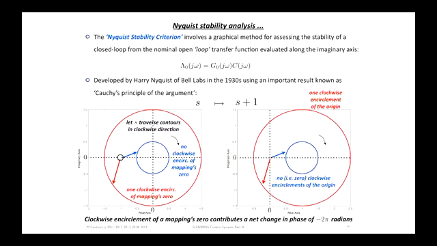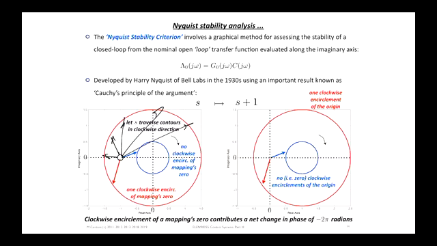Cauchy's principle of the argument tells you that we're going to get a net change of phase of minus 2 pi radians because there is a 0 of the rational function inside the original contour. If you think about what we're doing when we evaluate this function at points along here, you can think of that in terms of what this little vector is doing as we move around the contour.